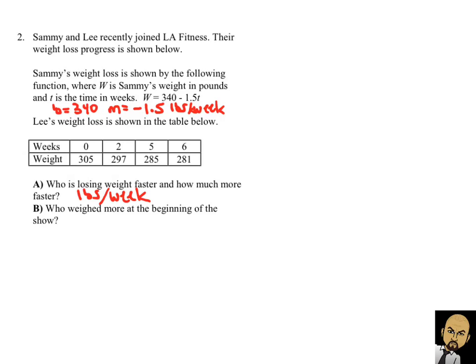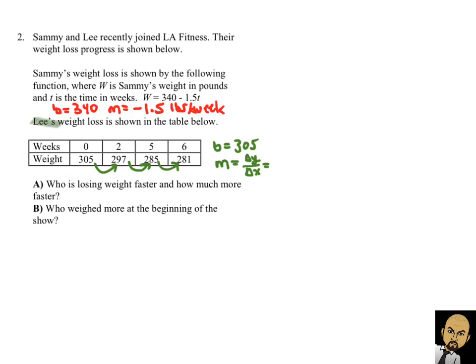The next thing we've got to do is take a look at Lee. His initial value is 305, because when X is 0, the weight is 305, and that's his starting weight. The slope is the change in Y over the change in X, and we've done this with the table many times.